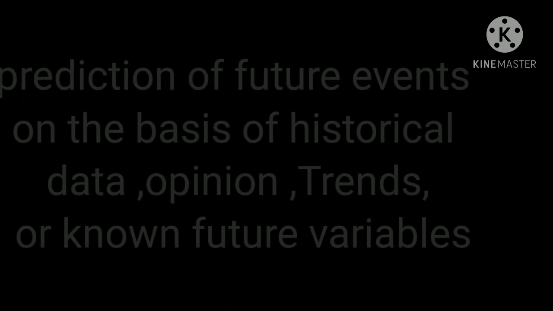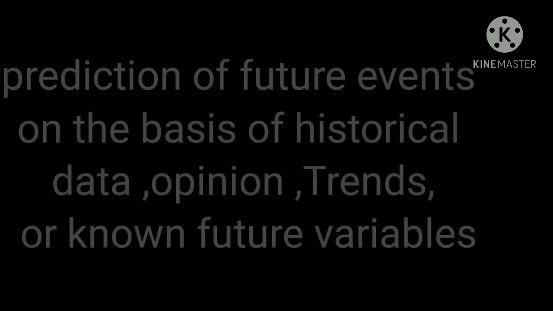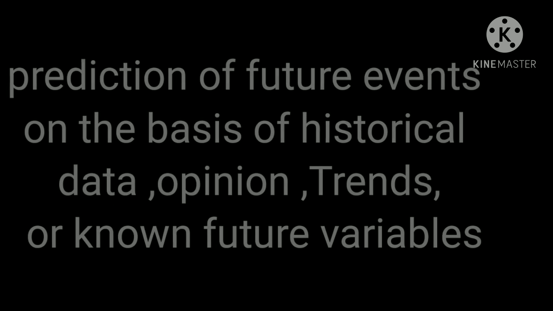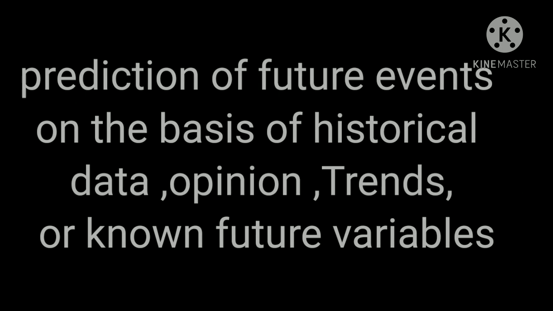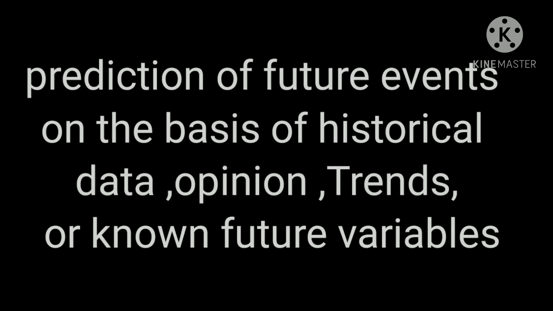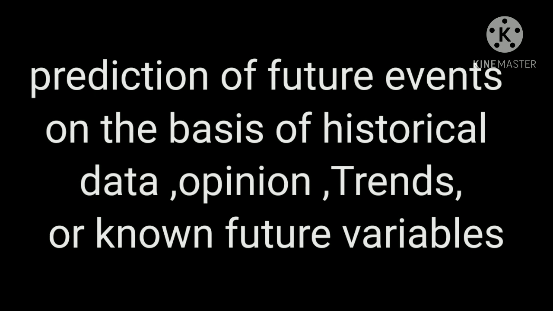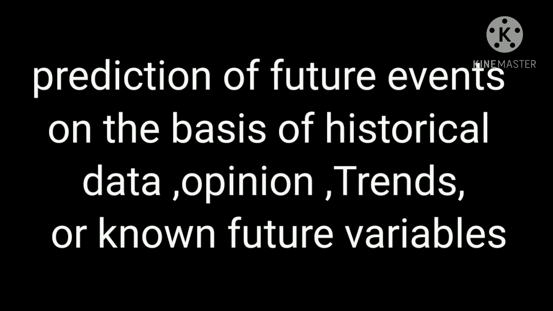How can we predict future events? We can predict future events on the basis of historical data, opinion of experts, then non-future variables, etc. Past data or historical data is used for predicting future events.